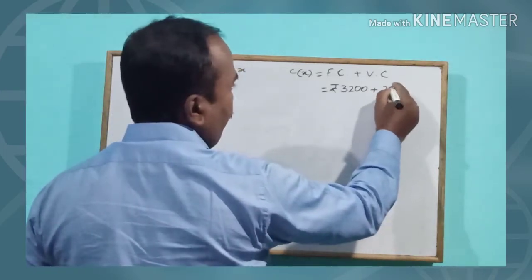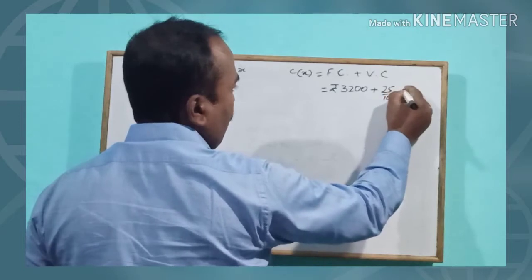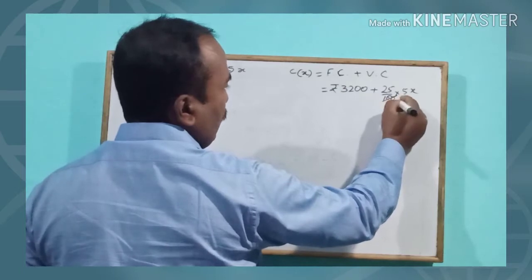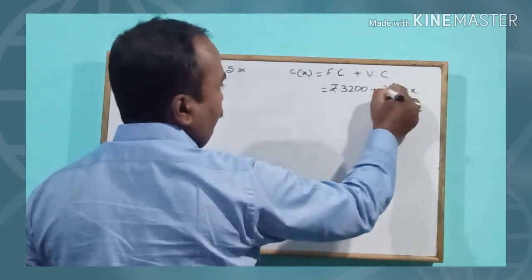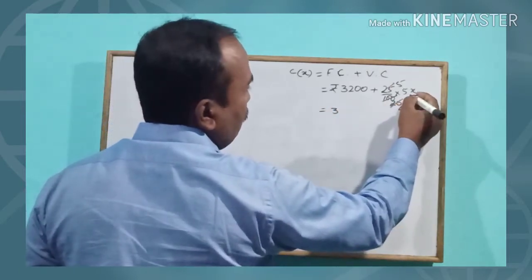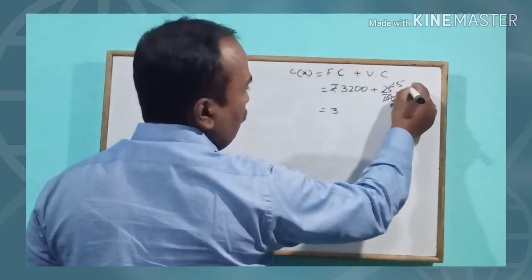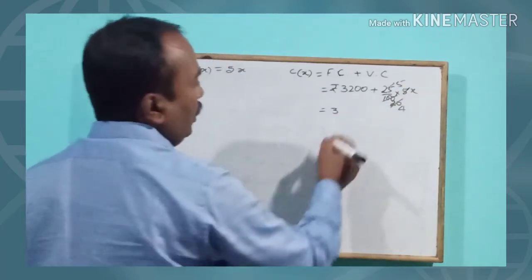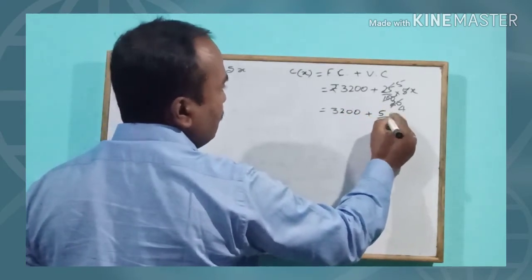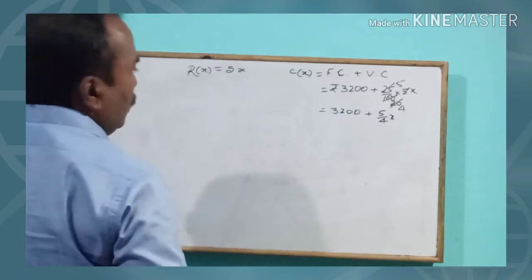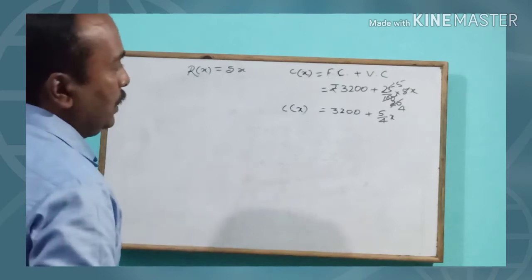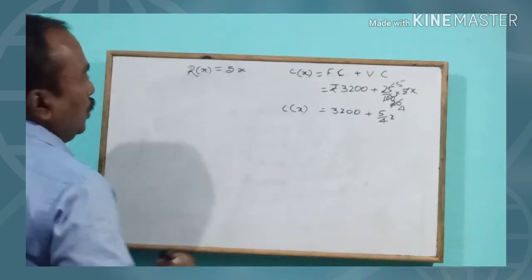So 25% of 5x is 5/4 x. So cost function is 3,200 plus 5/4 x.